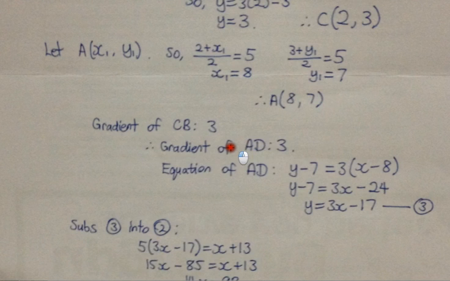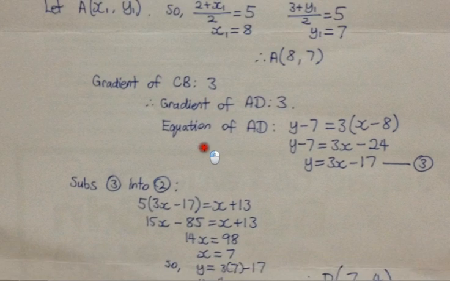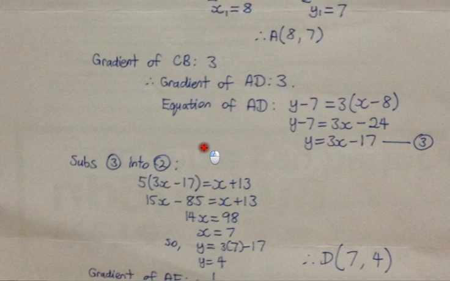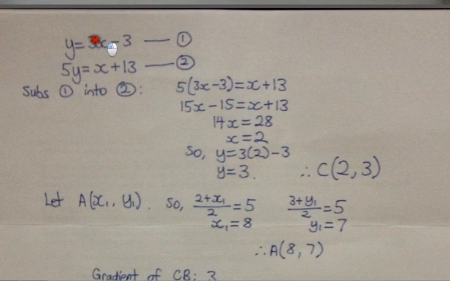Next, I would like to solve for the coordinates of B. However, to do that, I'll need to solve simultaneous equations by obtaining an equation of AD first. The gradient of CB, from what is given in equation 1, is 3, because y equals 3x means the value of the gradient is 3.